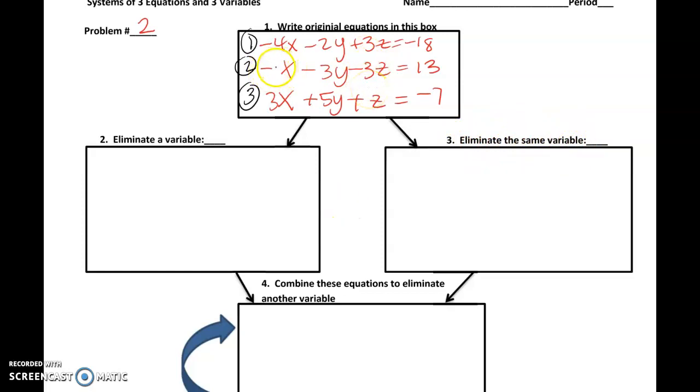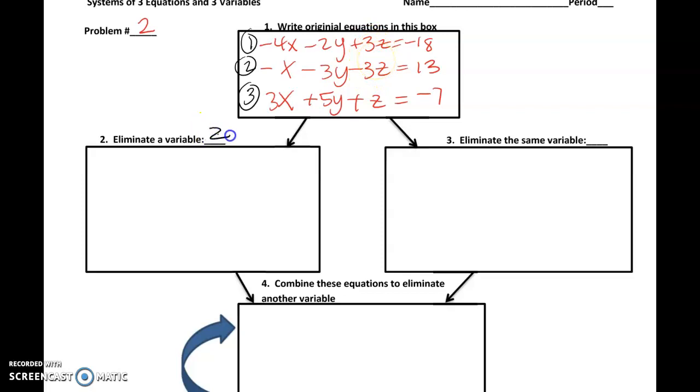Here the coefficient of x is 1, so I could multiply by a negative 4 here and get opposites, or I could multiply by a 3 and get opposites here. So my x's or my z's are pretty easy to eliminate, but since my z's are already set up to eliminate here, I'm going to do that.